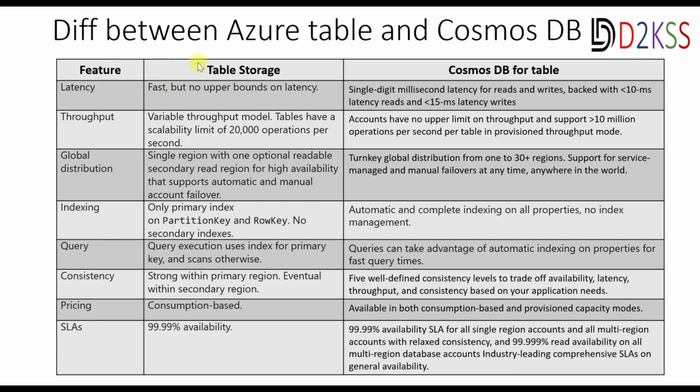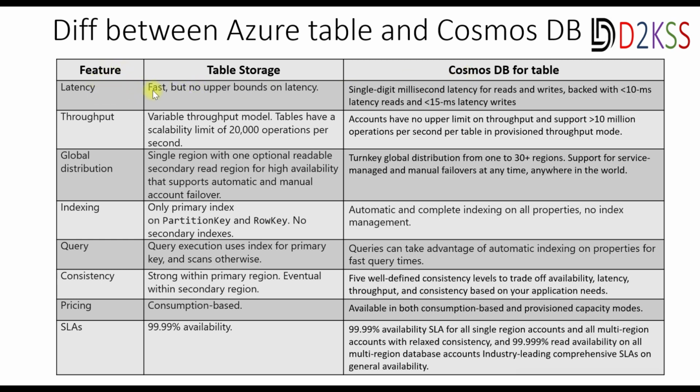The features are latency, throughput, global distribution, indexing, query, consistency, pricing and SLA. We are going to compare how table storage works and how Cosmos DB for Table works across all these factors.